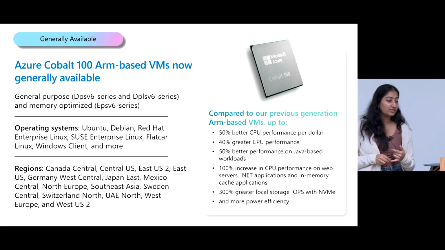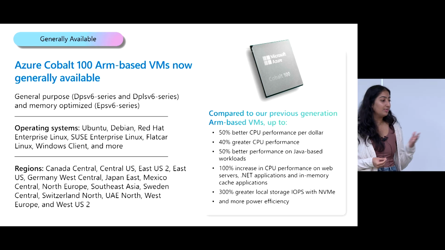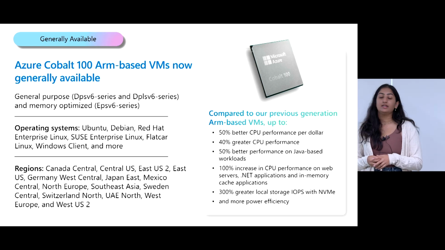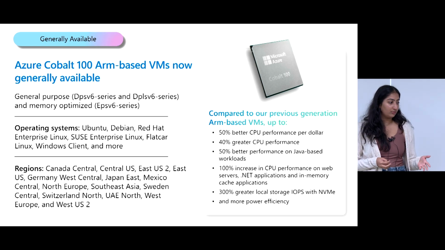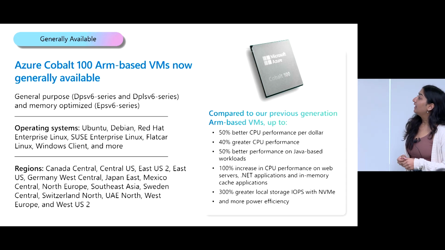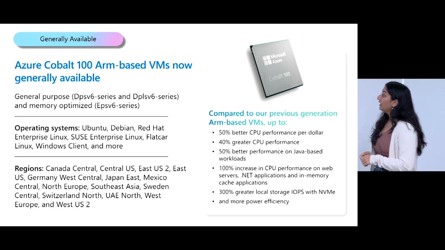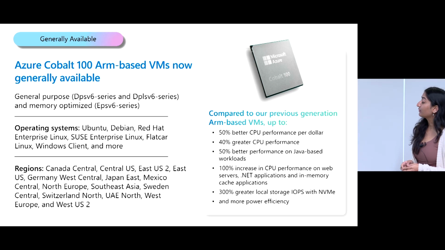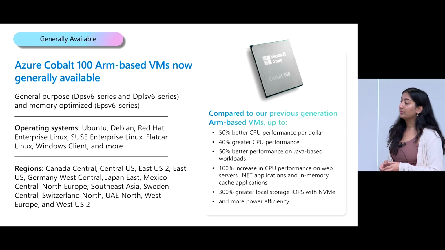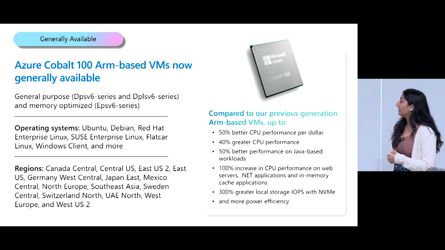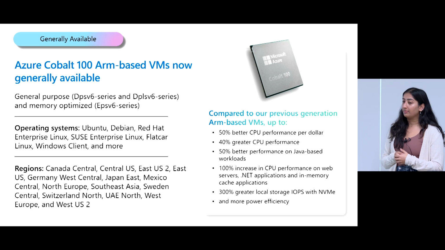So from an infrastructure perspective, cost can also be optimized from the underlying CPU VMs that are provisioned for the workloads. So now GA, Azure Cobalt 100 ARM-based VMs are now available. These general purpose SKUs are memory optimized, and they offer a range of different improvements in comparison to previous generation ARM-based VMs.